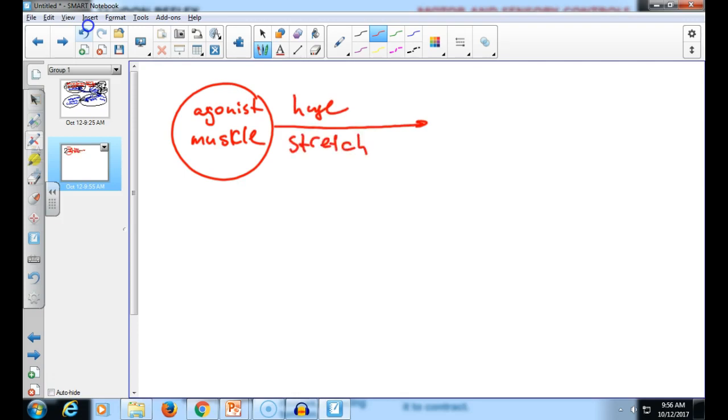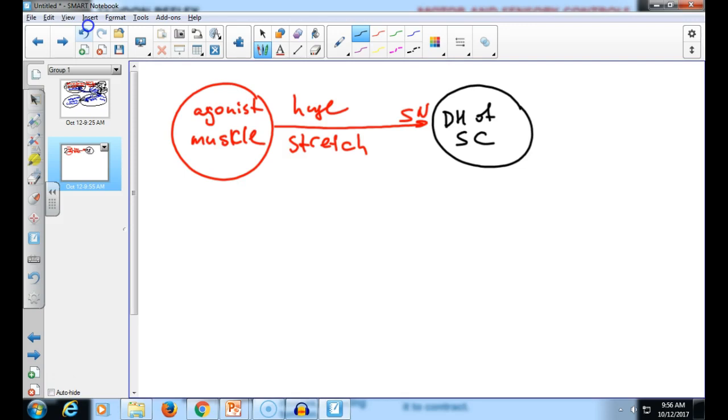Now, this stimulus, sensory input, through the huge stretch, is transmitted through what? Through which cell? Neuron. Which type of neuron? Sensory neuron. To where? Dorsal horn of the spinal cord. Okay?